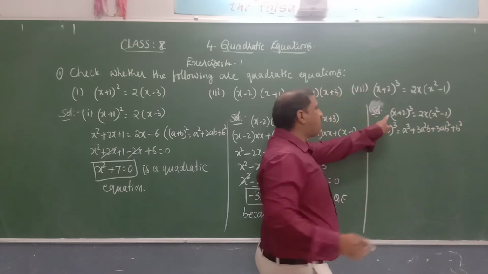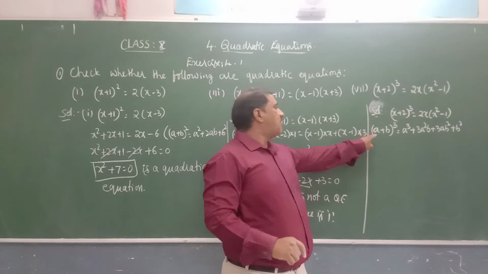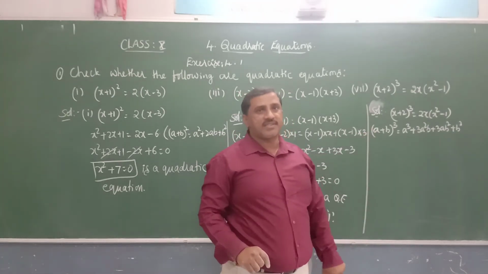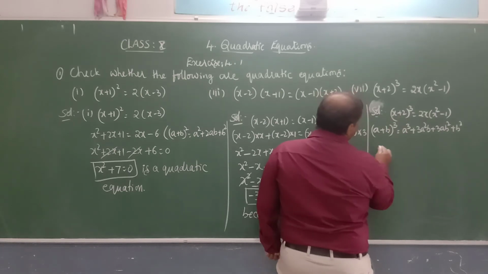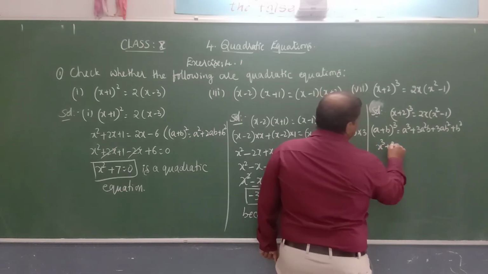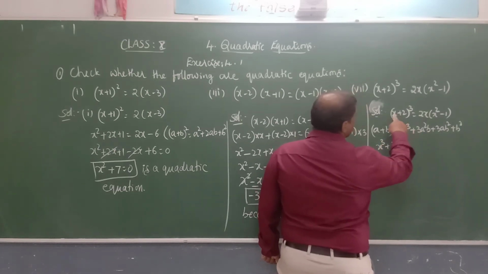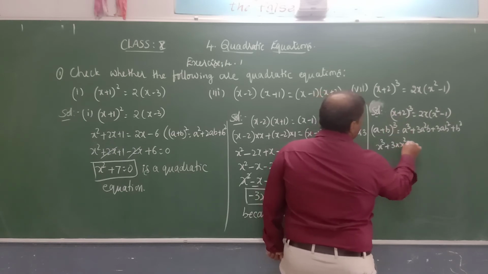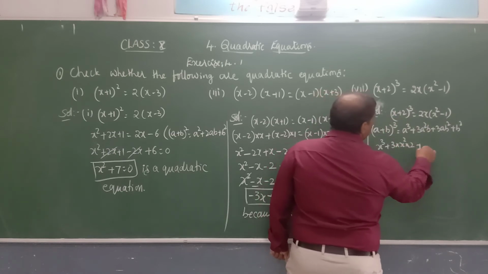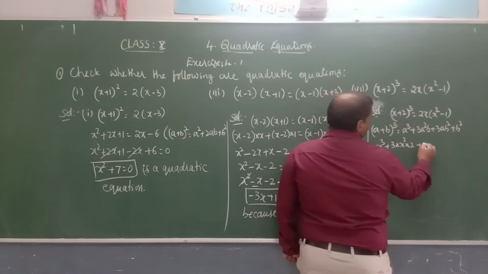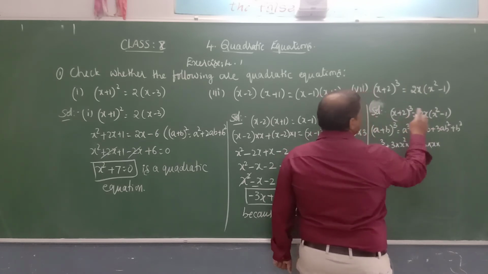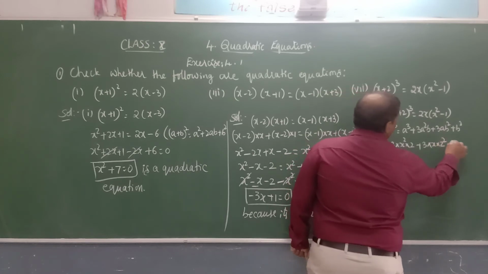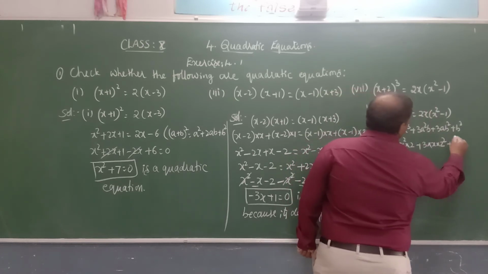So to simplify the LHS part, use the identity a plus b whole cube. That is a cube means x cube, plus 3 into a square, x square, into b, it is 2, plus 3ab square, 3 into a, x, into b square, 2 square, plus b cube, means 2 cube.